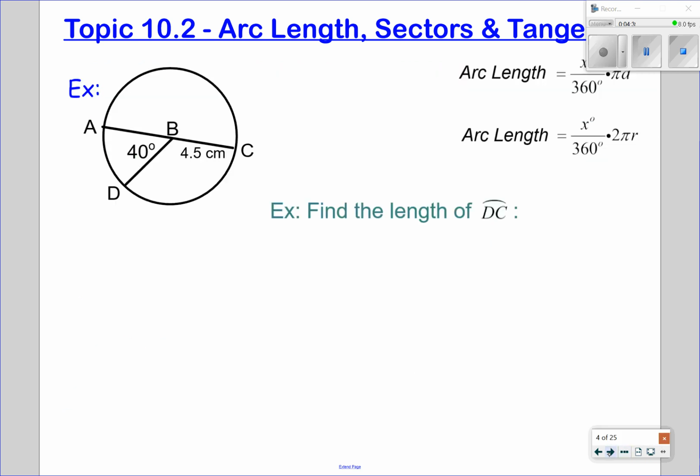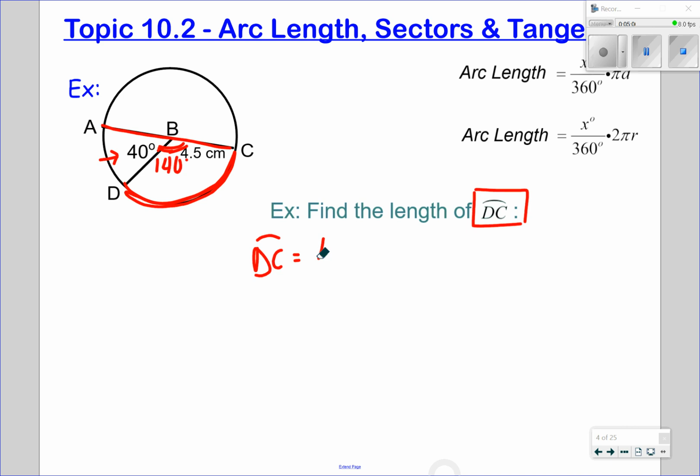Let's go ahead and try arc DC. So same circle. This time we're doing this arc. So if you will, we need to know what the arc measure is. Well, if this is a diameter and this guy was 40, this should be 140 because they should add up to 180.